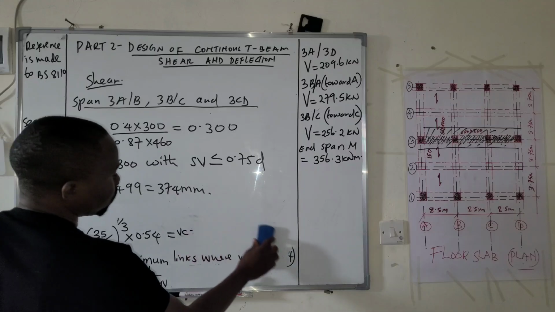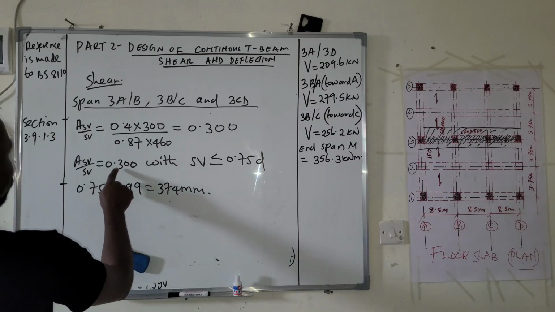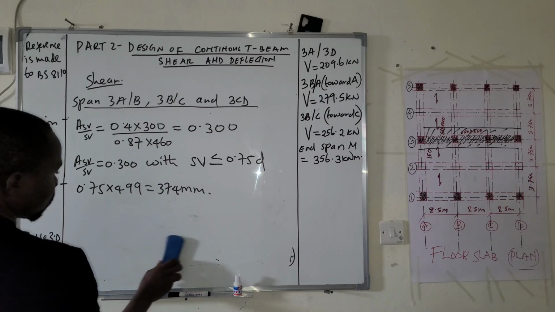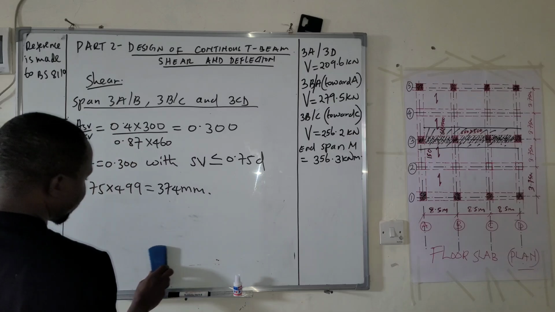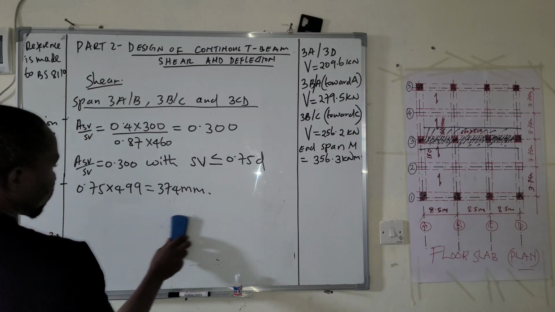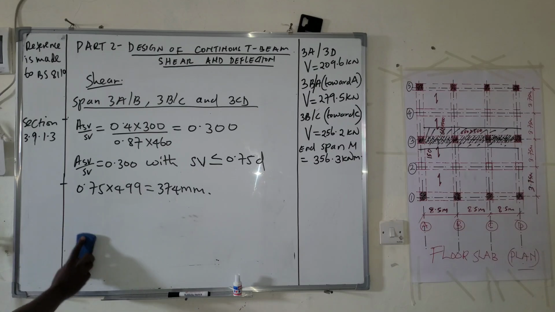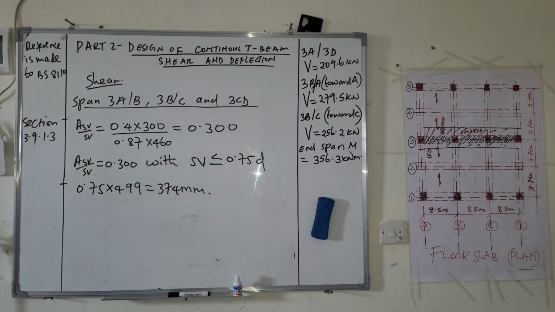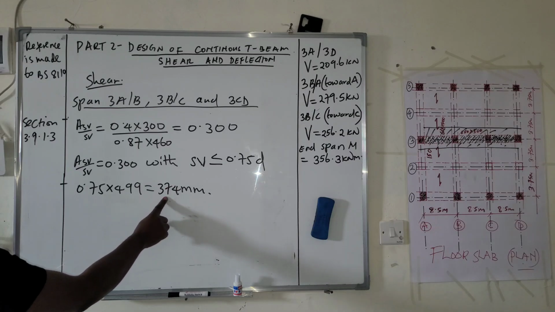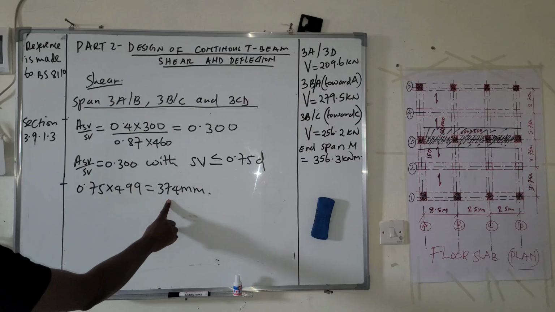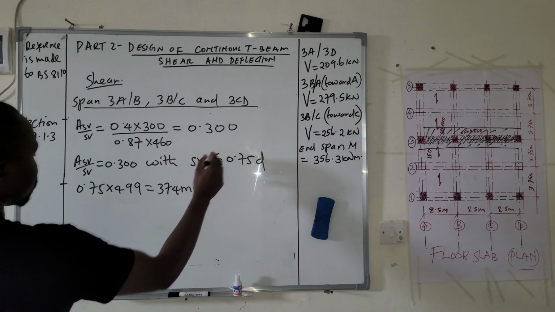So you will use this 0.30 to obtain the size of the shear reinforcement bar and the spacing of the shear reinforcement. And remember, the spacing should be less or equal to 374 millimeter.